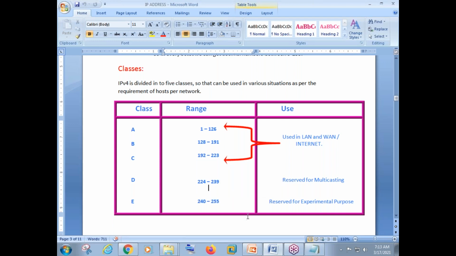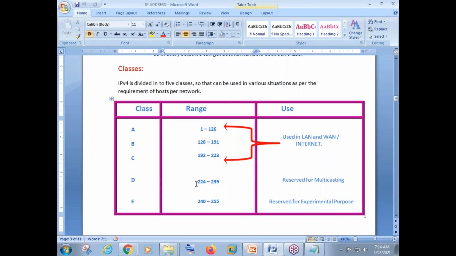This class D and class E we cannot use in our computer networks, like in our company networks or over the internet. They are reserved for some other special purpose. Class D is reserved for multicasting purpose and class E is reserved for research and development, research and experiment. So these are not used by any company and cannot be assigned on any device.